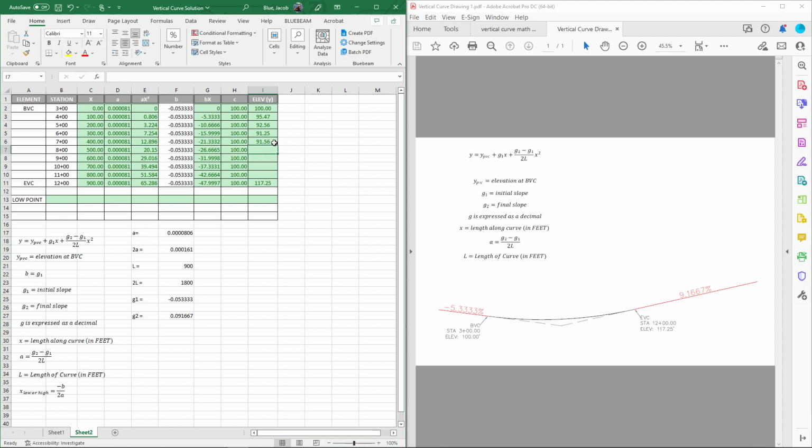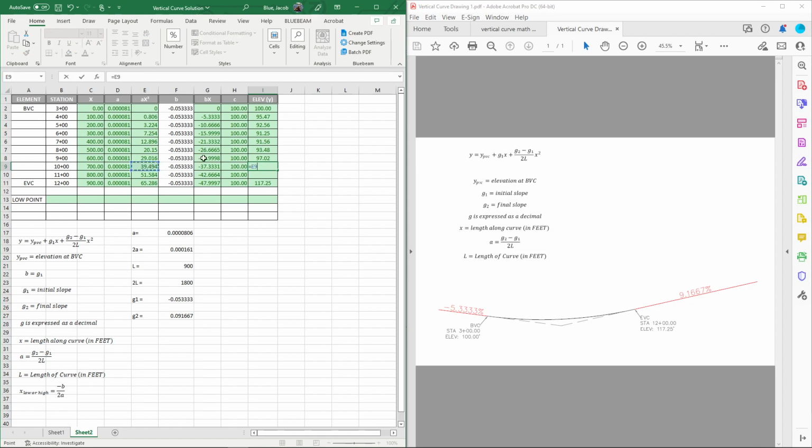And here now I see we are going back uphill. So my low point is somewhere between station 5 plus 00 and 7 plus 00. So ax squared plus bx plus c, equals ax squared plus bx plus c. Two more to go.